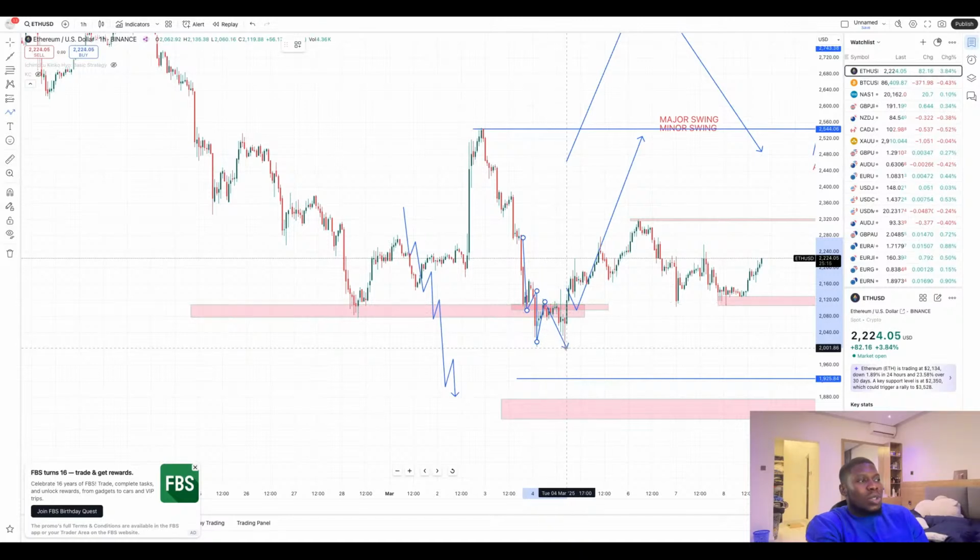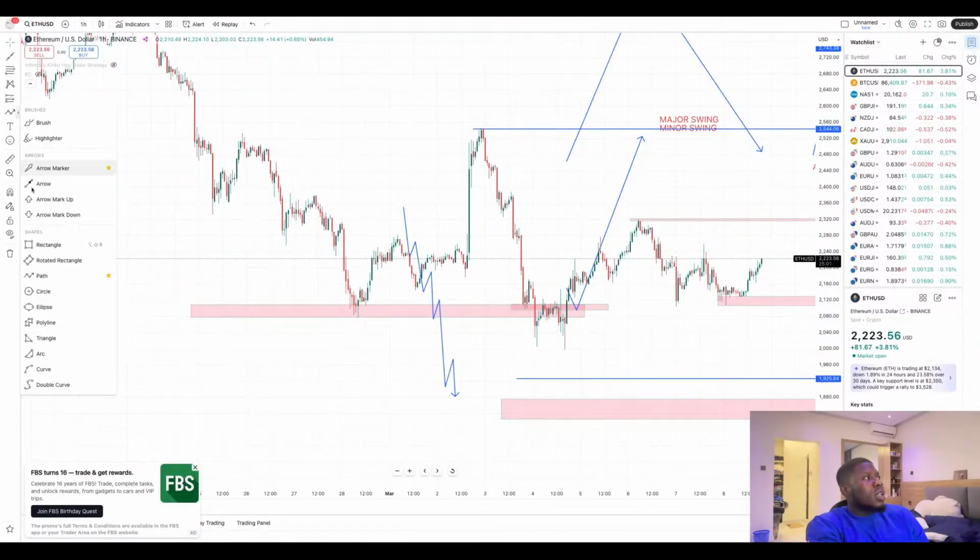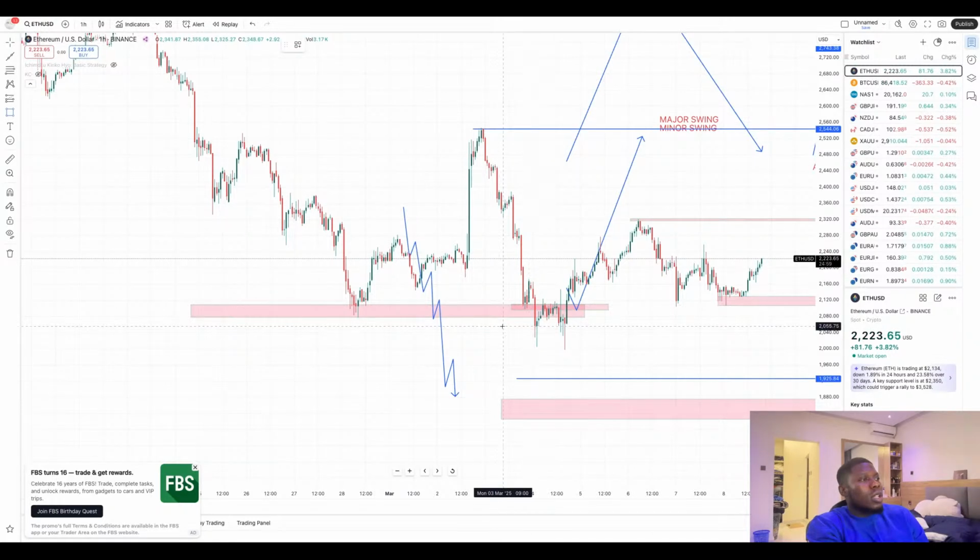It came back again to this place, creating another minor swing. So this other minor swing is what holds. Look, it is holding, dropping a bullish candlestick at this zone.